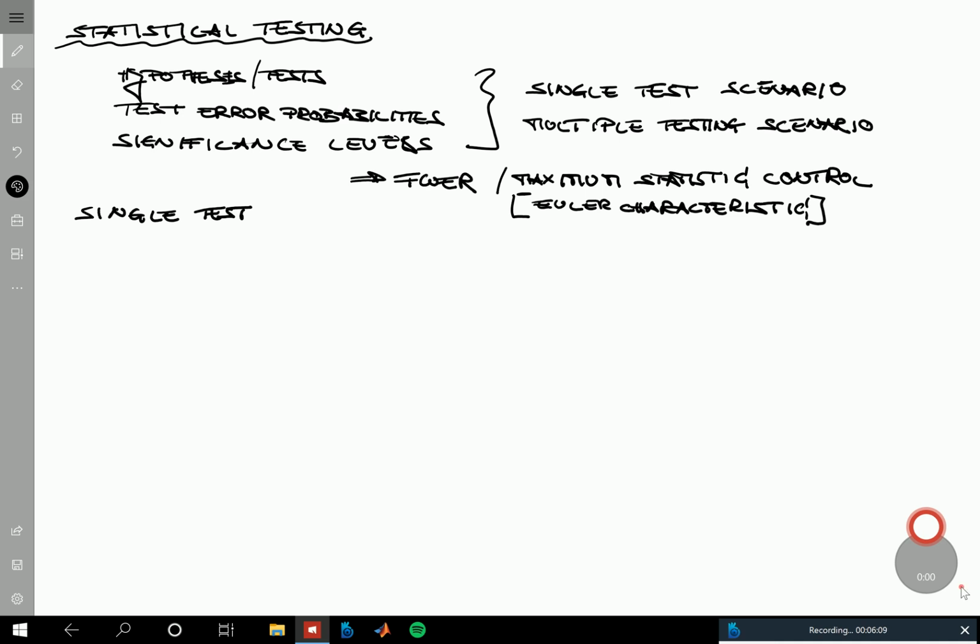So this is the example that you should have in the back of your head, and we now introduce the more general, more abstract, more mathematical framework that is used to generalize specific examples like a one-sample t-test.